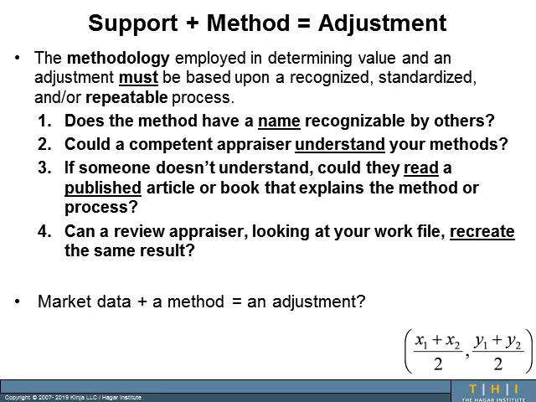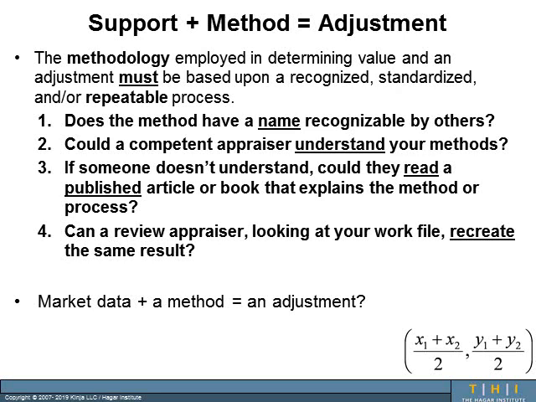So one way to look at that is, does the method the appraiser used have a name for it? Oh, this is a matched pair analysis. Or could a competent appraiser understand an explanation if they didn't have the name? If someone doesn't understand the explanation or the name, could they read about this in an article or book that explains it?